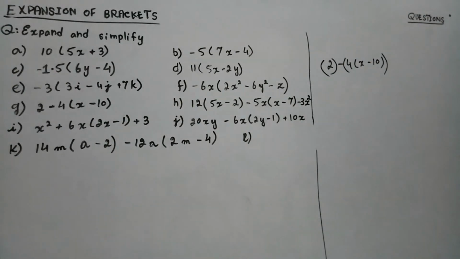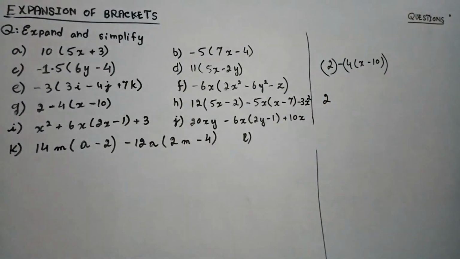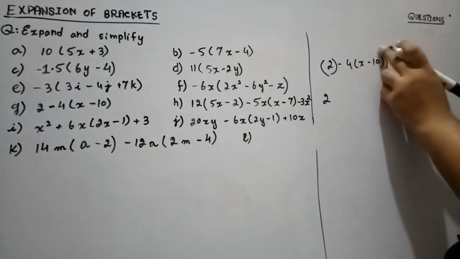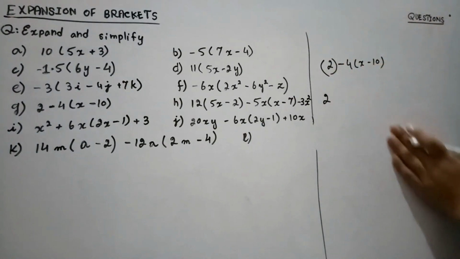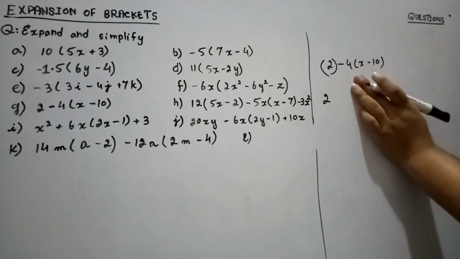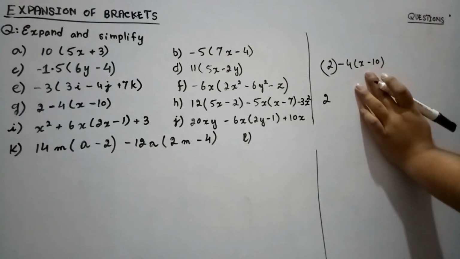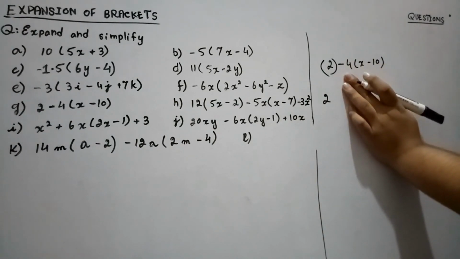Now what we can do here, I will separate this term and write here 2. This is our second term, so negative 4 is going to multiply by this bracket, because this is a negative sign with 4.